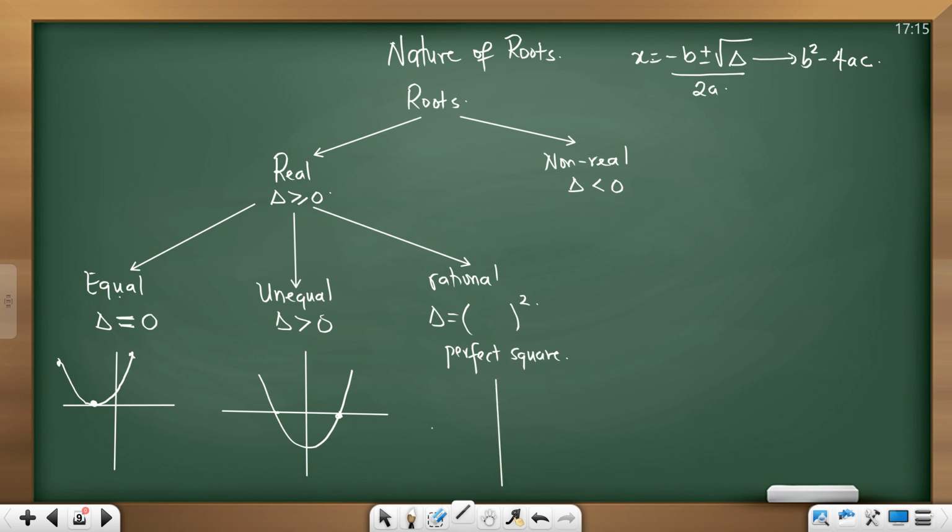If it's rational, we are going to have the same. The graph is going to touch also once. If it is non-real, the graph is not touching at all. So those are your graphs. Sometimes graphs are easier to work with. Okay, but anyway, I want to run.